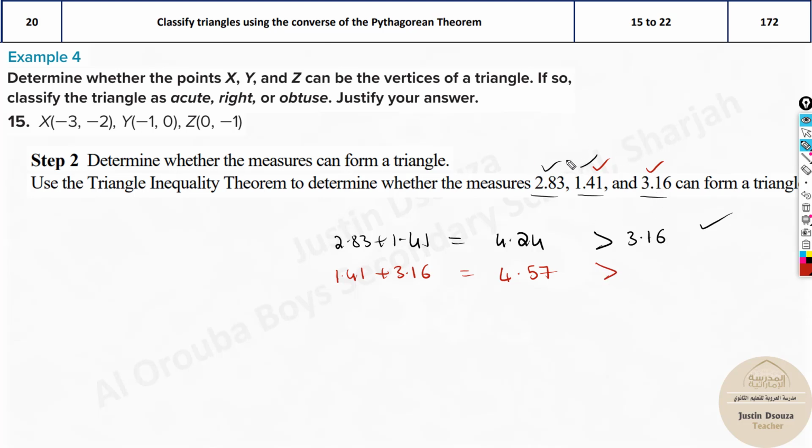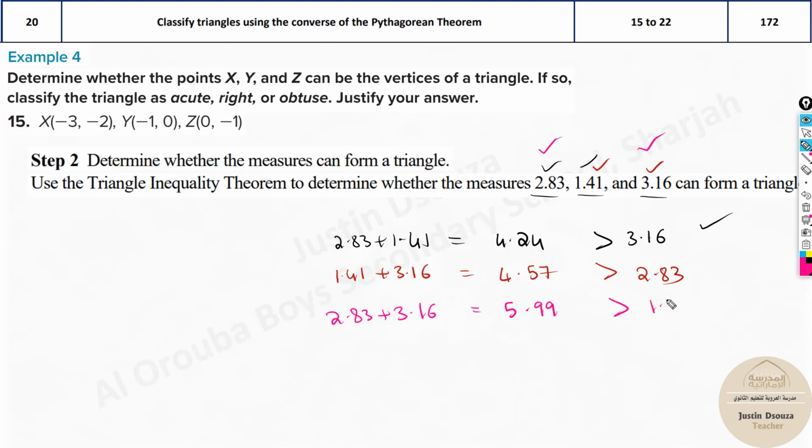Initially, when we chose those two sides, this was the remaining side. Now we chose these two, so this is the remaining side, 2.83. Yes, it is greater. Then what is the remaining pair now? We have this and this. So add them up, 2.83 plus 3.16, that will give you 5.99.